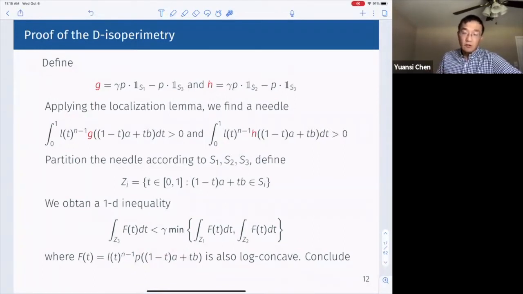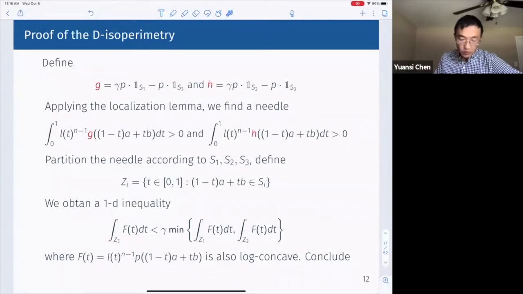Also observe that for the one-dimensional isoperimetric inequality, the diameter cannot be larger than the diameter of the high-dimensional density. So we will get a diameter-based isoperimetric inequality for the one-dimensional density, and then we can conclude the contradiction, which concludes the proof by contradiction. Okay.